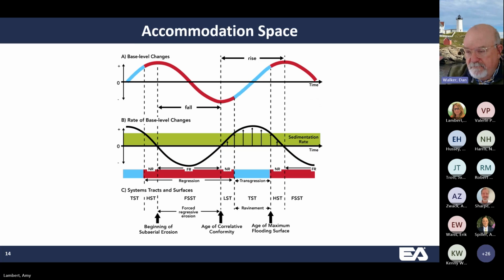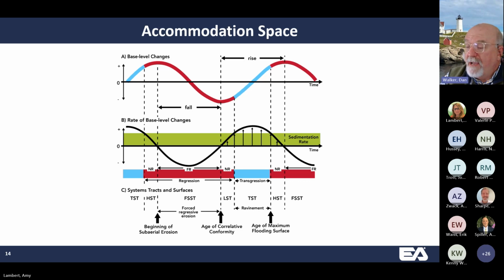But that's really being driven by what's referred to as the creation of accommodation space. And you can create accommodation space any number of different ways. If you have a mountain uplift, that's going to create more topographic relief. That's going to encourage coarser sediment to be eroded and then deposited into the basin. So the accommodation space in that case was tectonic.